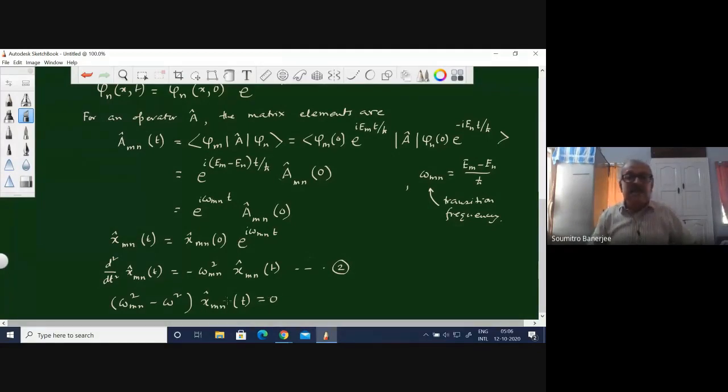And since this is nothing but the value of the x at time 0 times this, this can be written as omega mn square minus omega square times x mn at 0 also is 0, because it is nothing but this times something.